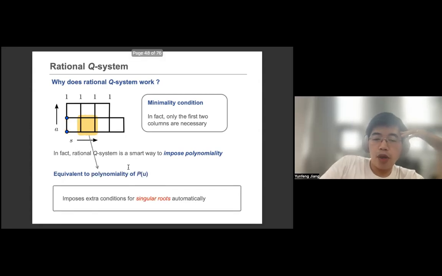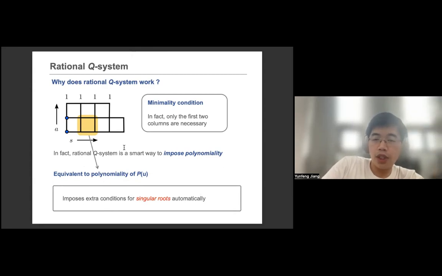The second box is equivalent to the polynomiality of P, which is a dual solution. So this imposes extra conditions for the singular roots automatically. These two are the minimality conditions for the Q system. So the Q system really just encodes the polynomiality of tau, Q, and P. So that's why the Q system works.